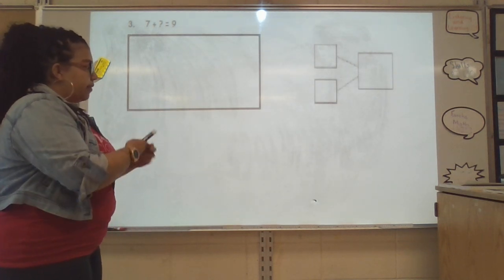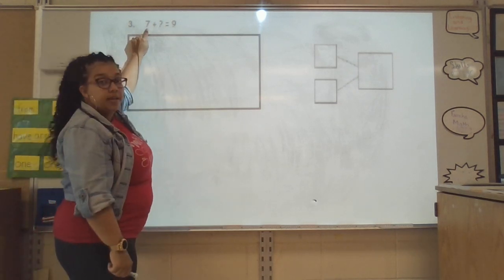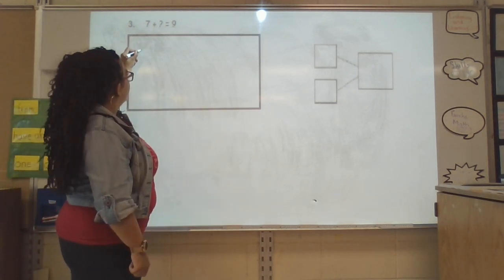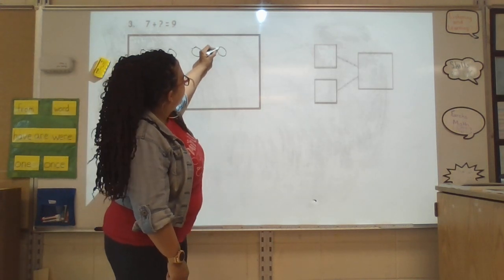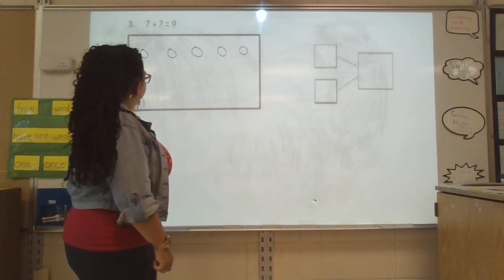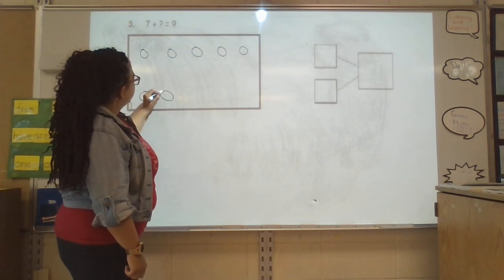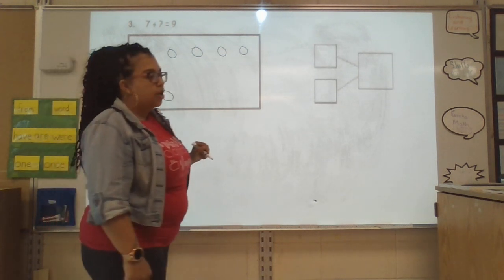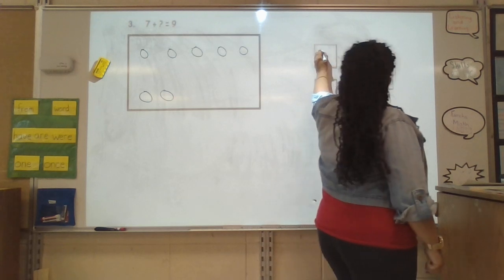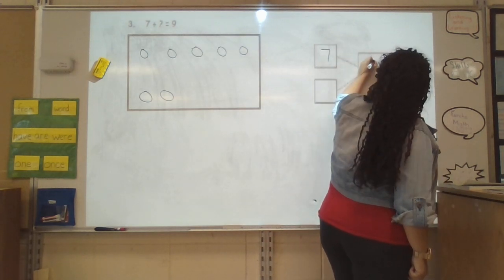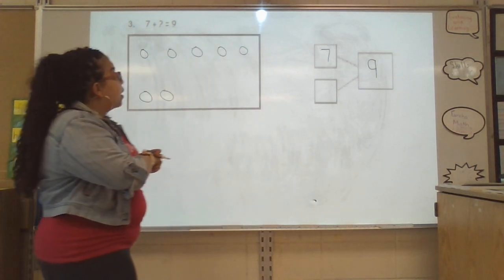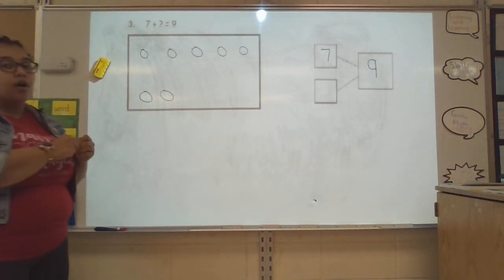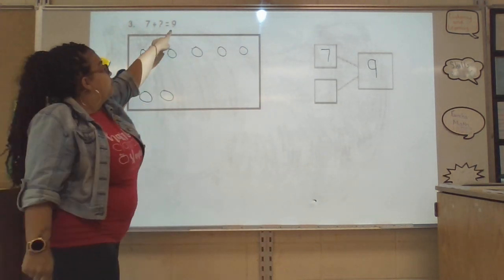First we're going to draw this part, which is how many? 7. Excellent. 1, 2, 3, 4, 5, 6, 7. So we've shown our first part is 7. Our problem tells us the whole is 9, and we are missing our second part. Let's count on from 7 to get to 9.